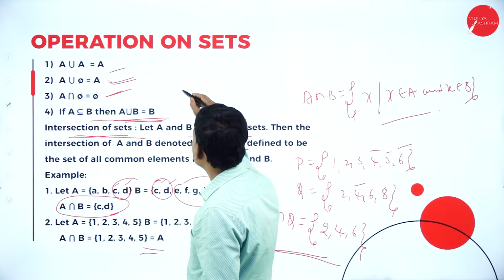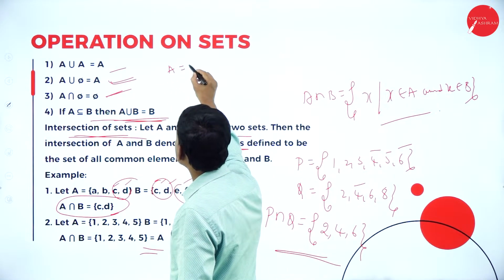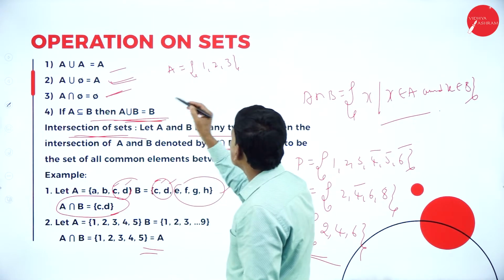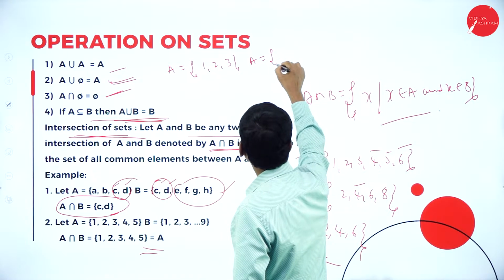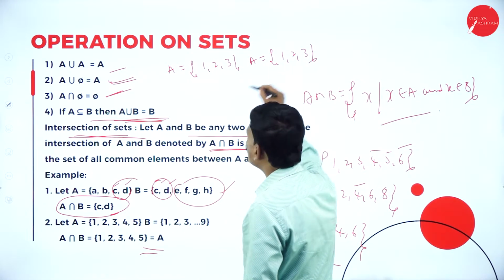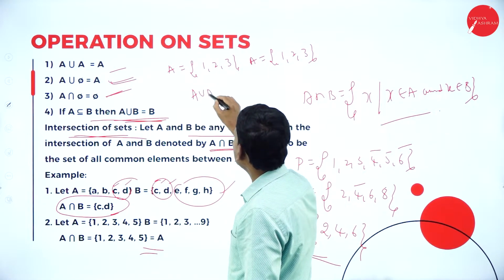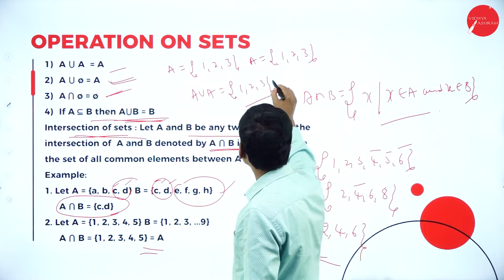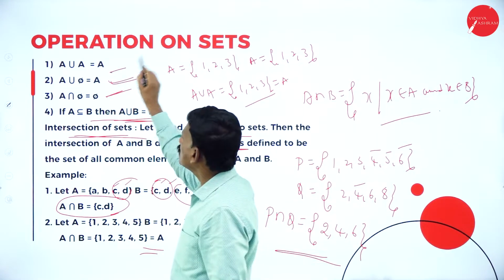Let me take an example. Suppose A = {1, 2, 3} and another set A is also {1, 2, 3}. Then what is the union of A and A? A ∪ A = {1, 2, 3} itself. So A ∪ A = A, right.